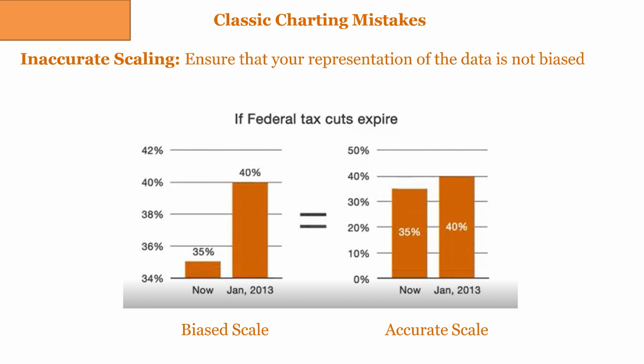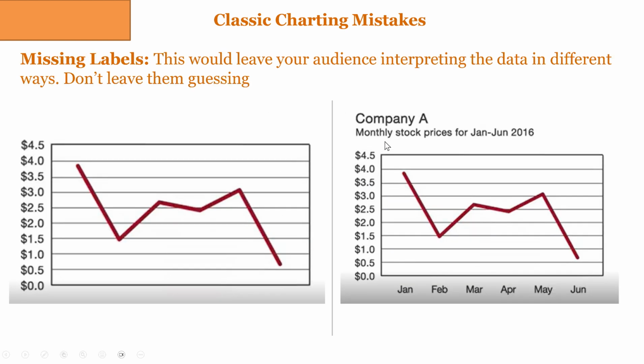So in that particular case, you have to be very, very careful not to use a biased scale when trying to measure things within your data. So it's important that you do that.